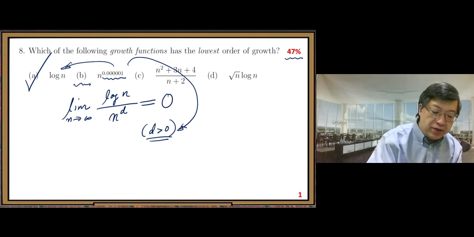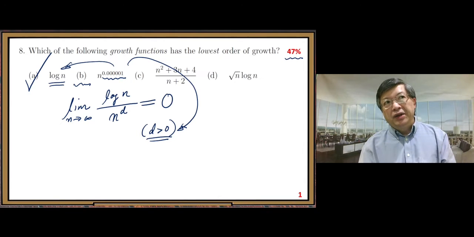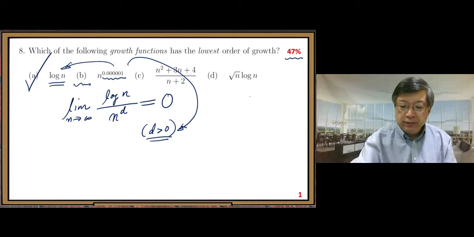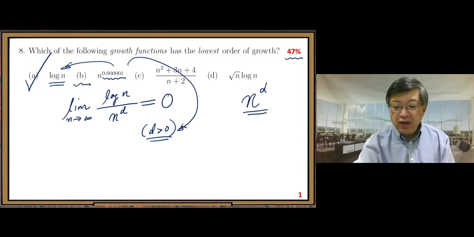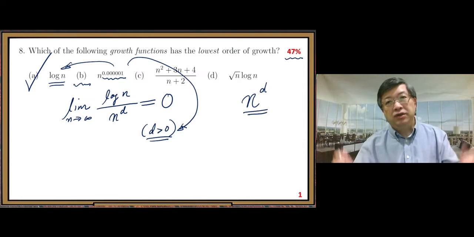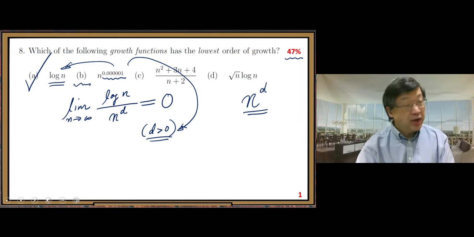Many students, when they look at the log function, cannot get a clear idea compared with n to the d. This kind of function, n to the d, we call a power function. Not an exponential function.